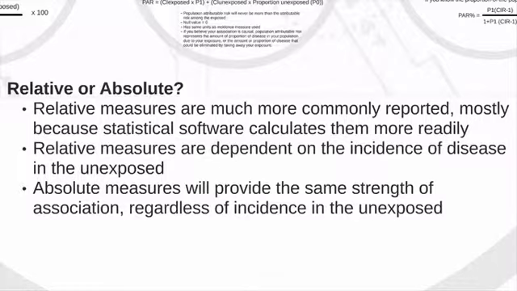So let's say, I'm just going to make this up off the top of my head, so we'll see how this goes. Let's say among our unexposed population, 2% of the population gets sick. And then in our exposed population, 4% gets sick. So there's a 2 percentage point difference between our unexposed group and our exposed group.